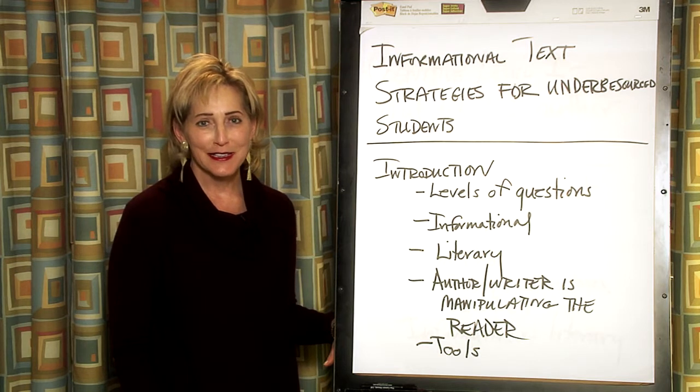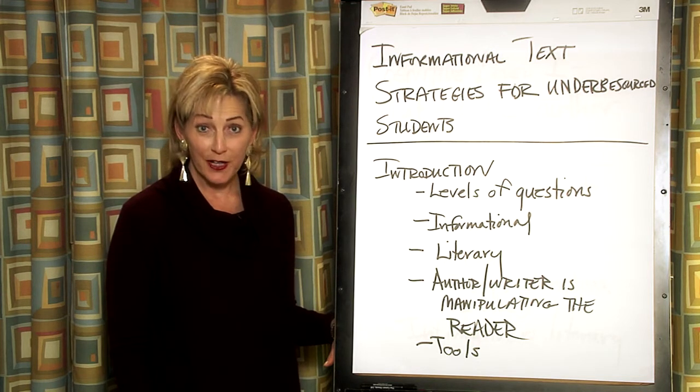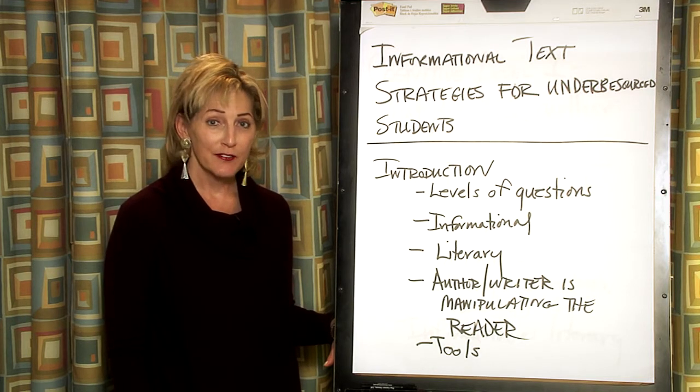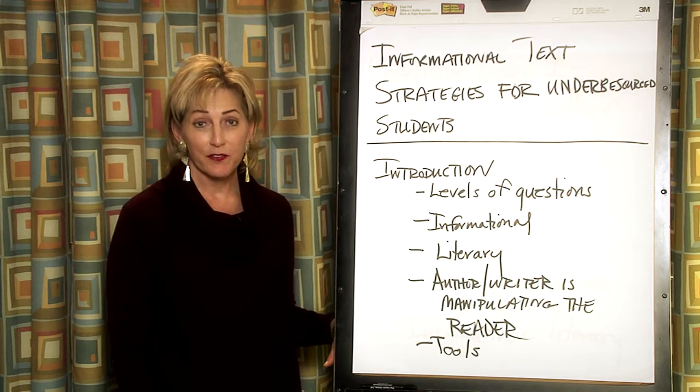So this series is a set of tools you can use with students that actually work at middle and high school. The first thing that needs to be understood is that you're being assessed on both informative text and literary text. About 70% of assessments are informational text or informative text.